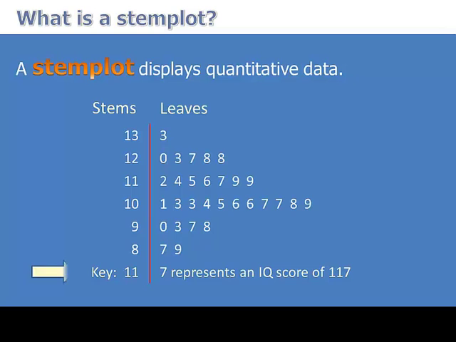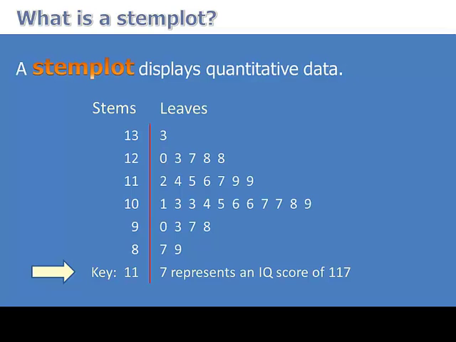Here, the key tells us that a stem of 11 and a leaf of 7 represent an IQ score of 110 plus 7, or 117. From this key, you can figure out that the stems represent tens and the leaves represent ones.